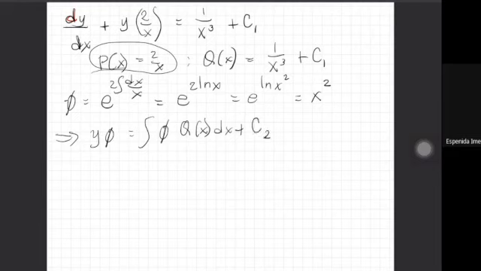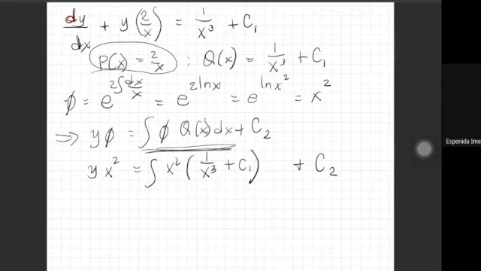Okay, so we have this c sub 2, it arises from the integration of this expression here. So we substitute the value, which is our integrating factor, x squared, and then the plus c sub 1. Then we have here plus c sub 2.